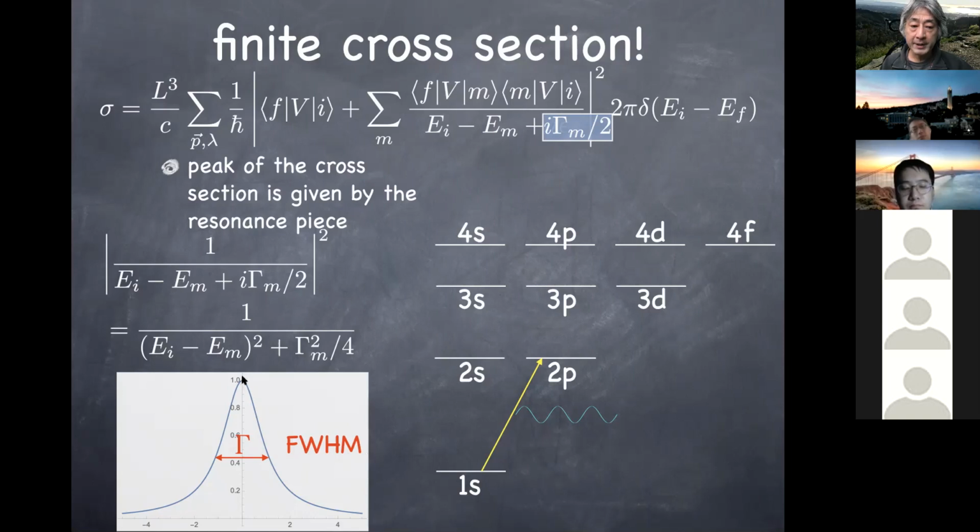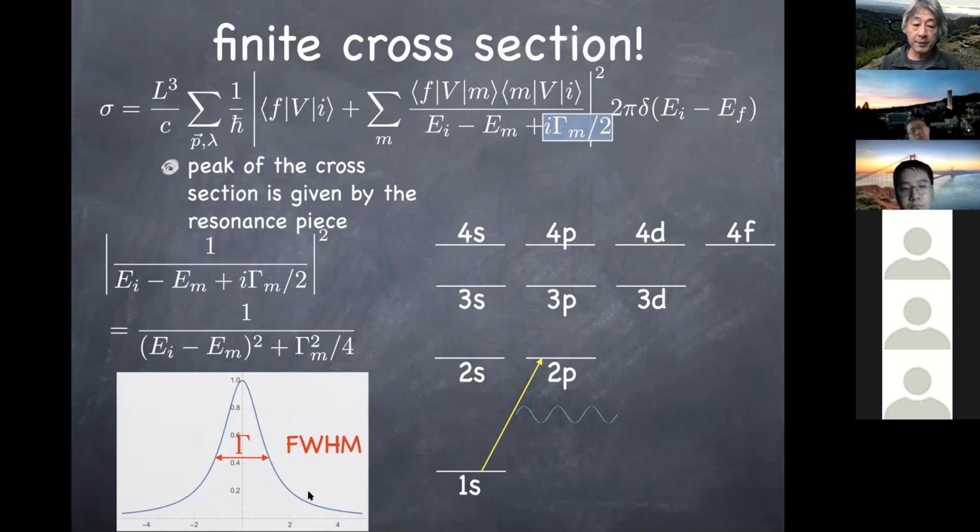So if I normalize this peak to be 1, then half height is 0.5, that's over here. And the full width is the range of energies where you hit half the peak. That's the idea of full width at half maximum. And so this gamma over here corresponds to the full width at half maximum of this function over energy.